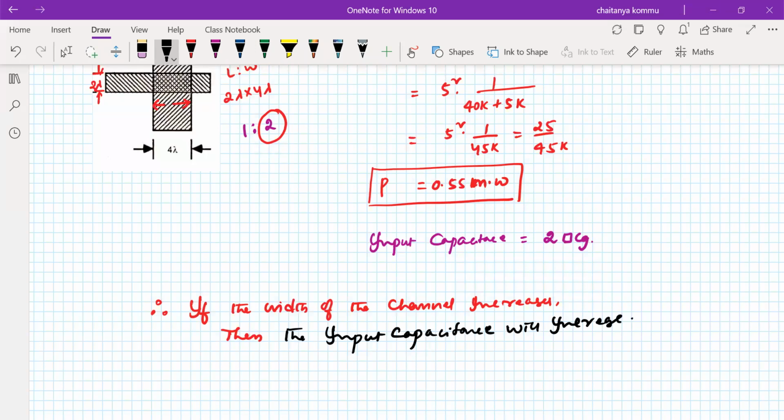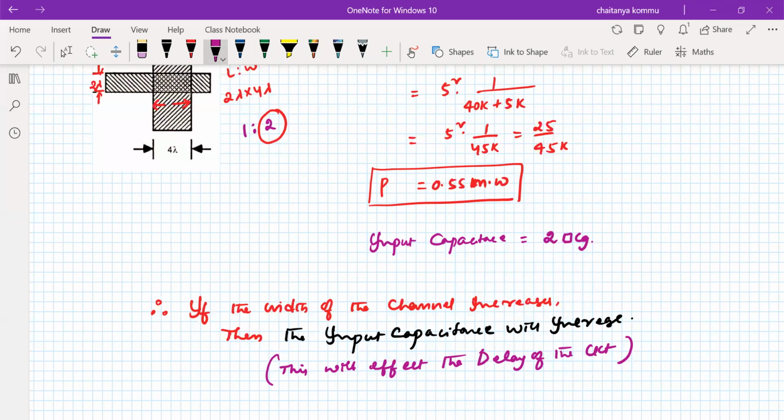That's what we have to remember. This will affect the delay of the circuit. Because we are considering the RC delay product, as the capacitance value increases, ultimately the delay of the circuit will increase.